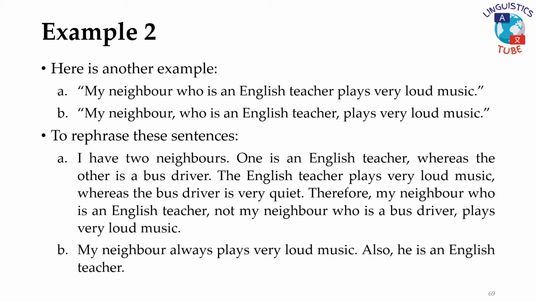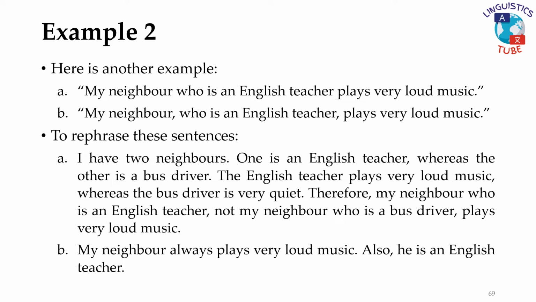Therefore, my neighbor who is an English teacher, not my neighbor who is a bus driver, plays very loud music. From this, you can see that the restrictive relative clause is useful to distinguish between two options. In this case, the two neighbors.